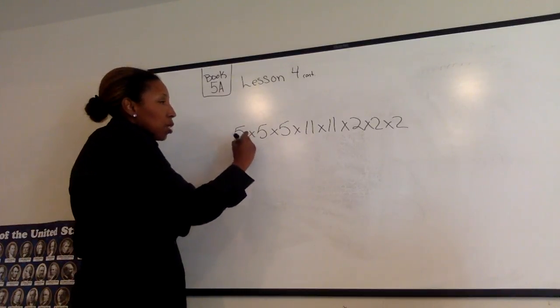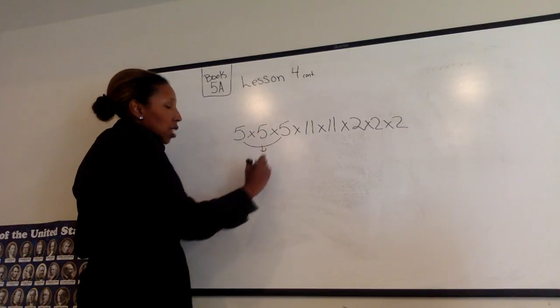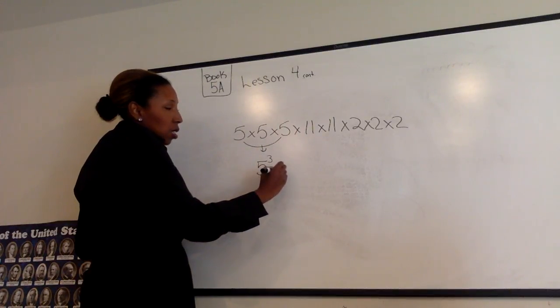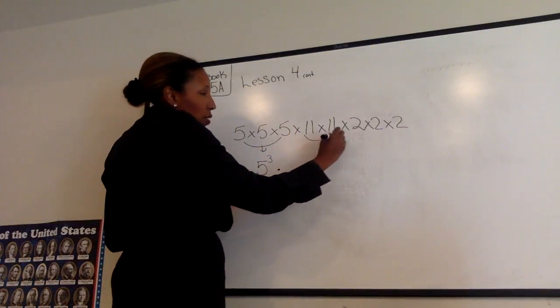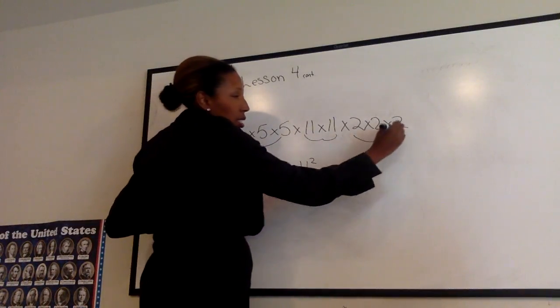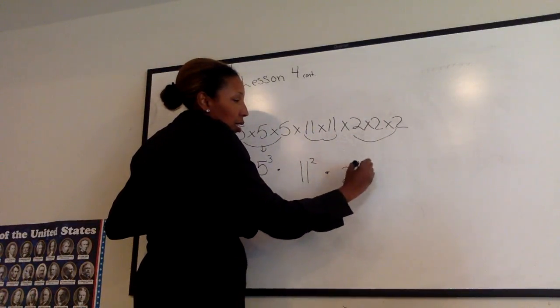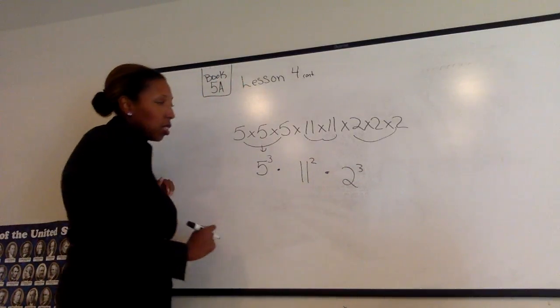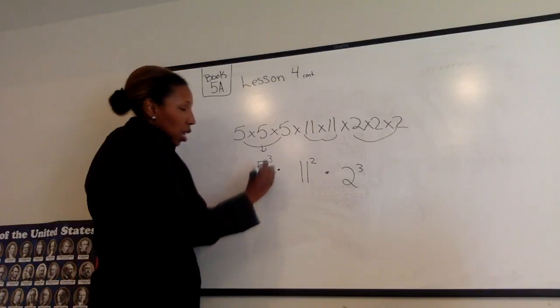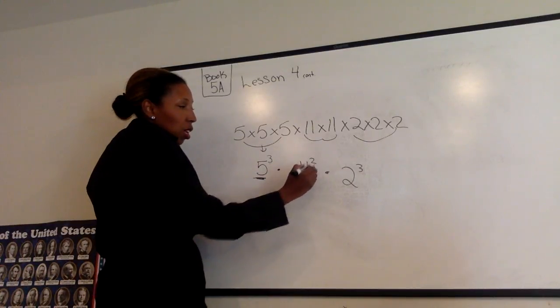But actually, I would say I see the number 5, I see it 3 times, I see the number 11, I see it 2 times, I see the number 2, I see it 3 times, and that's the same thing. So that just condenses it. Remember, the base number's here, and the exponent flies through the top.